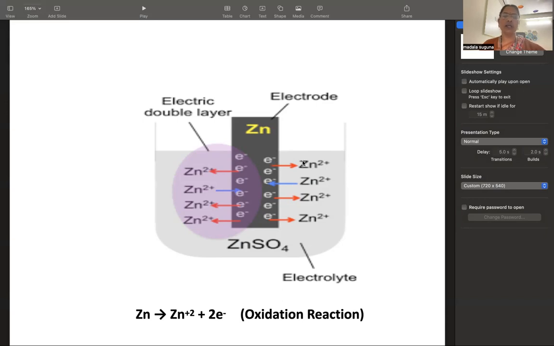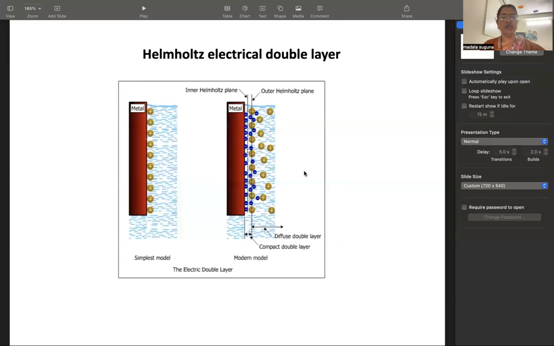Zn2+ ions enter into the aqueous solution, so the aqueous solution has more positive ions. The zinc rod having negative charges, each negative charge attracts an equal number of positive charges. So there exists an electrical double layer at the interface of the metal and the electrolytic solution.